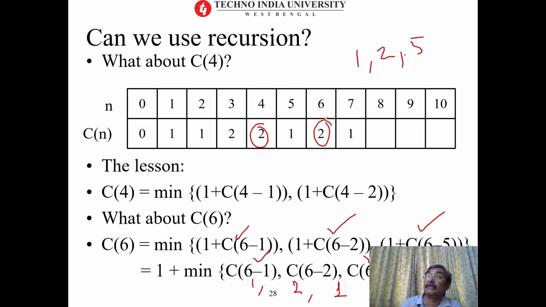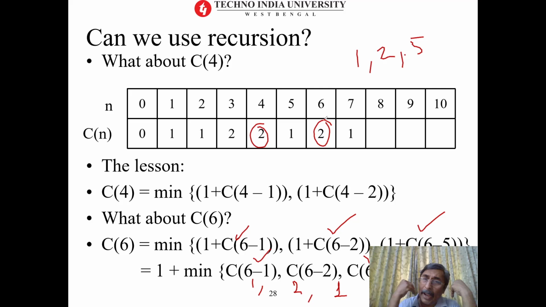In order to fill up this table, find out how previous solutions are helping you out. It may not be as simple as just adding previous numbers as in Fibonacci, but it must be the case that previous solutions definitely help you very directly in getting the solution at hand.